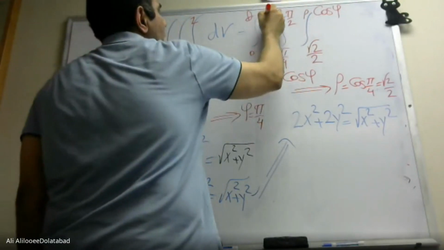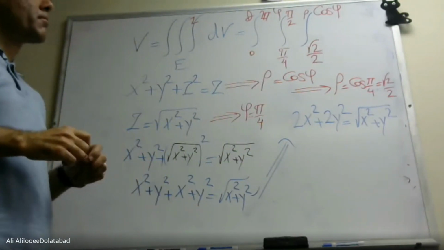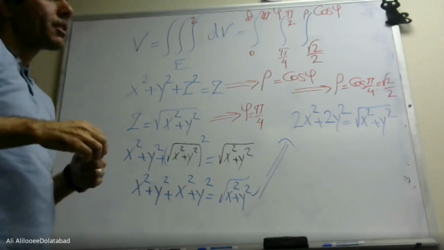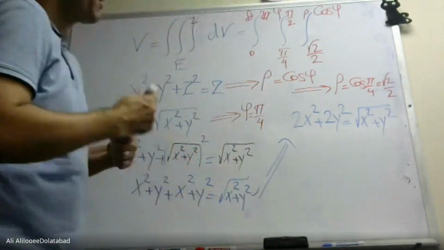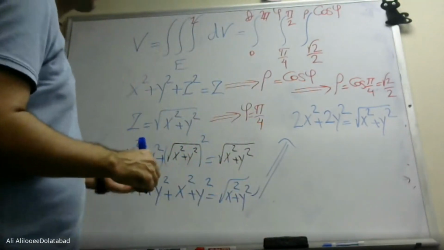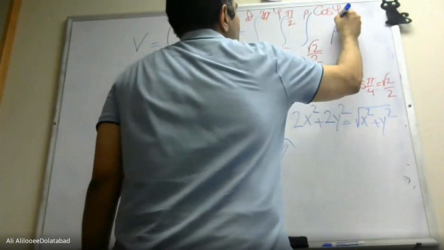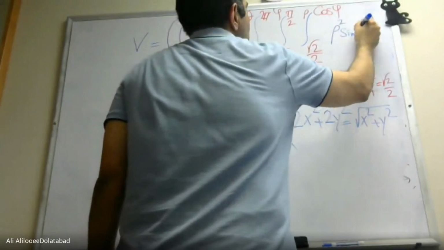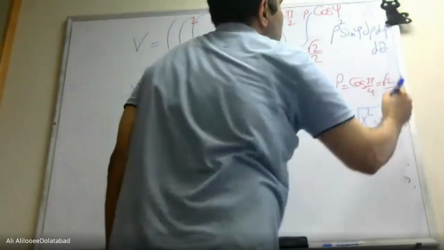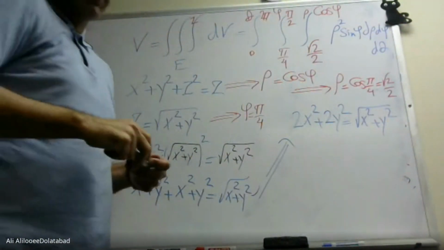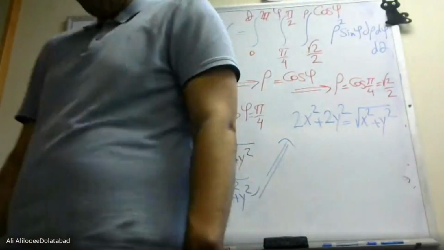For theta, we have 0 to pi. Here we also need to write the Jacobian. The Jacobian here is rho squared sine of phi d rho d phi d theta.